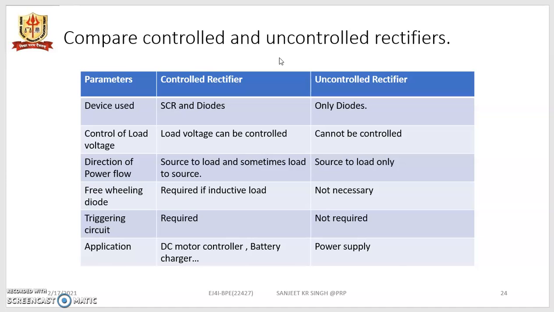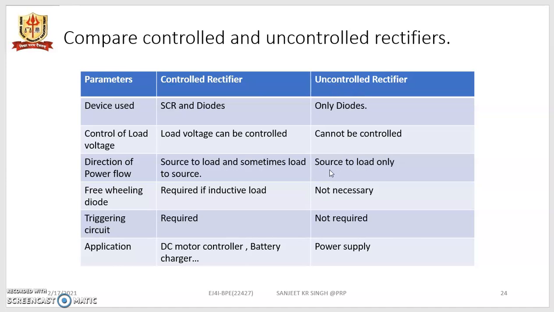Now we can compare the controlled and uncontrolled rectifier with respect to a number of parameters. Controlled rectifiers require SCRs and diodes, whereas for uncontrolled only diodes are sufficient. Then in controlled, the load voltage can be controlled, whereas in uncontrolled it is diodes, and once it is turned on, it goes uncontrolled. Direction of current flow or power flow is from source to load as well as load to source in inversion mode of operation.